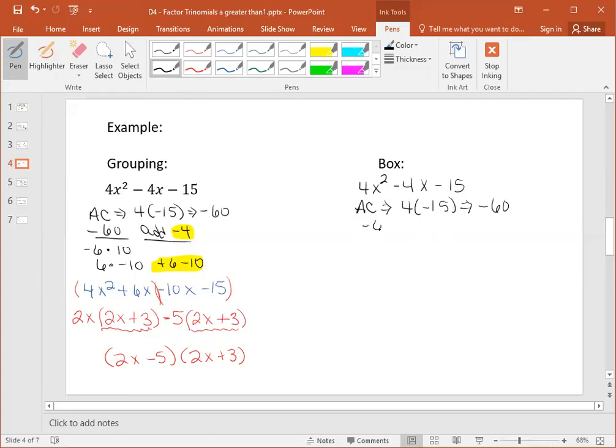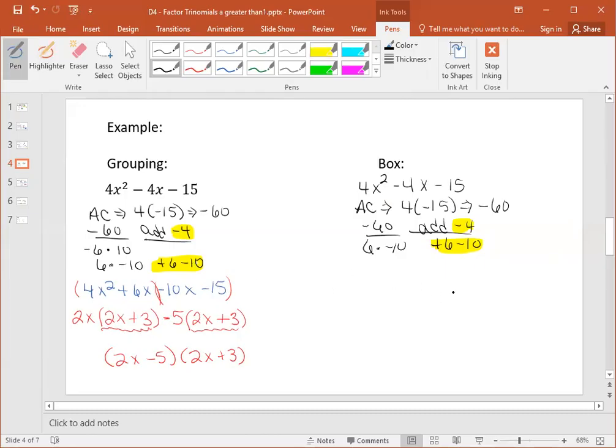I need factors of negative 60 that add to negative 4, so none of this changes. We're going to assume that I found positive 6 and negative 10, positive 6 minus 10. That's looking good, so all of that stays the same.